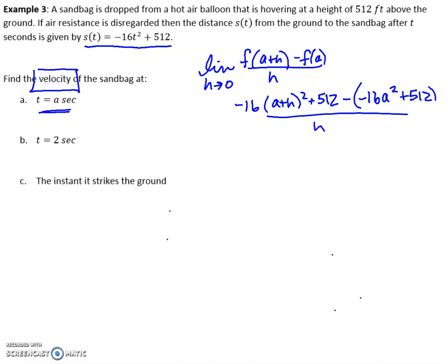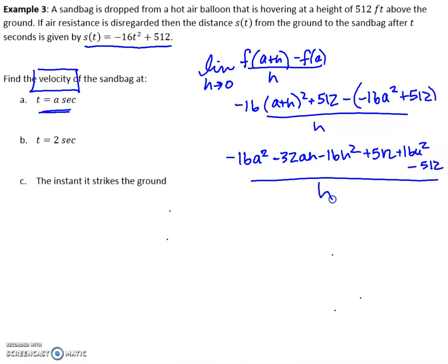And then I can continue to simplify this down. On top, I can tell you that once you square this and then multiply everybody by a negative 16, you end up with negative 16a squared minus 32ah minus 16h squared. Again, that's after I square this and then multiply, plus 512, and then distribute the negative, plus 16a squared, and then minus 512.